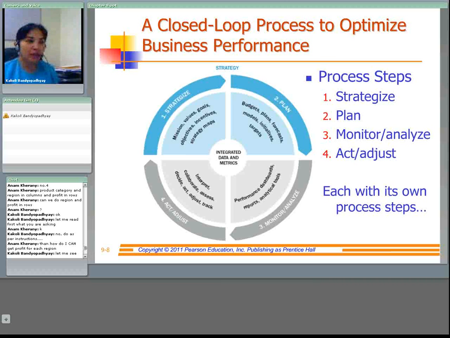If you look at the process once again, the executives will strategize, the managers will plan, then everybody would monitor their performance toward meeting the goals and objectives using the dashboard, reports, analytical tools and make sure that they are on track. Okay, and then staff will execute the plans. So you can see that BPM is about enabling good management by making it easier for executives at all levels to identify, communicate and monitor key drivers of business value.